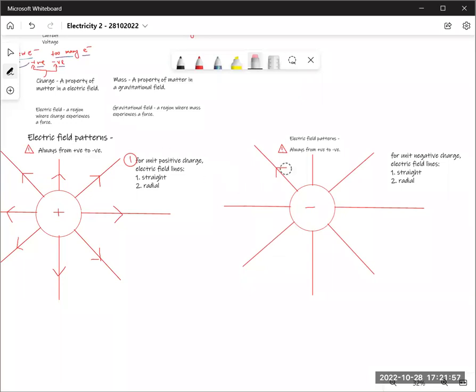Positive to negative. So it will be towards. Finish writing this and tell me when you're done.